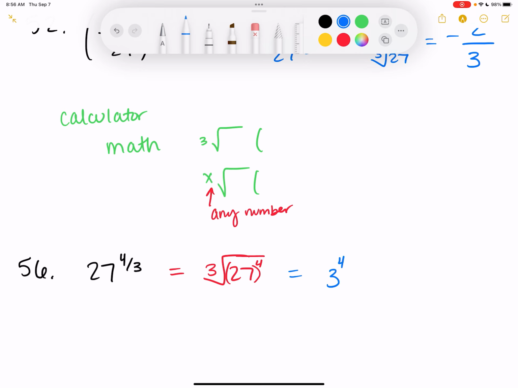Anybody know what 3 raised to the 4th is? 81. And so it makes it a lot easier to solve than trying to figure out whatever 27 raised to the 4th was, and then trying to take the cube root of that.